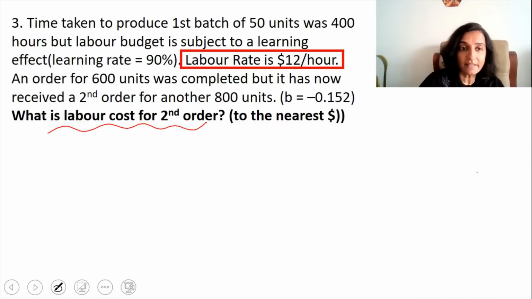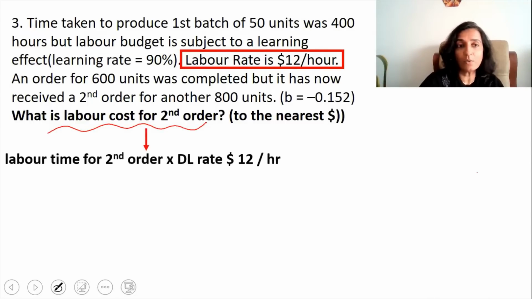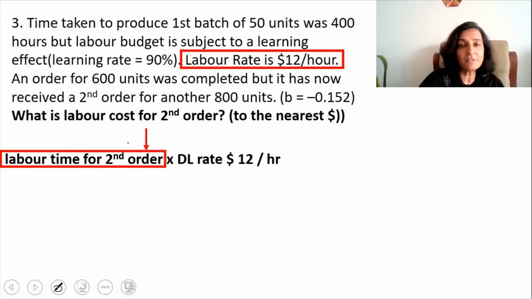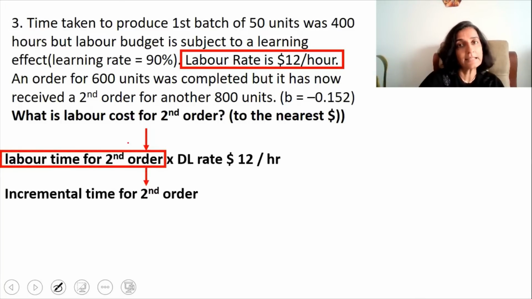Now, we know that the labor cost is always equal to the labor time for the second order multiplied by the direct labor rate. And we know that the rate is $12 per hour. So first we have to find out the labor time for the second order. And what do you mean by the labor time for the second order? That is nothing but the incremental time for the second order.